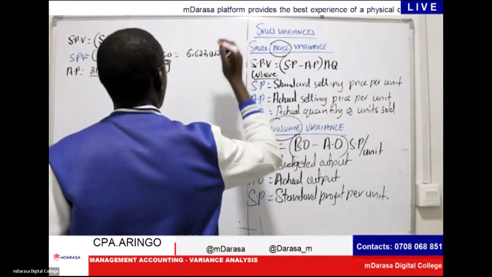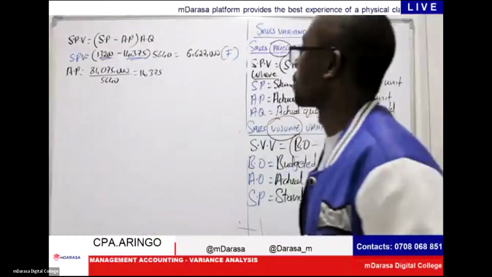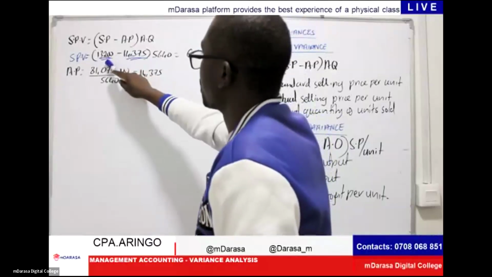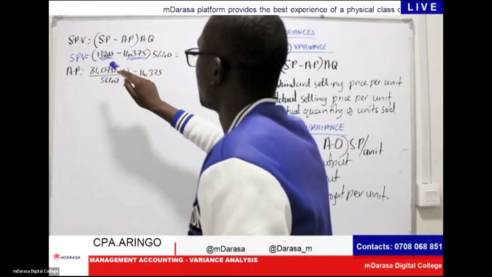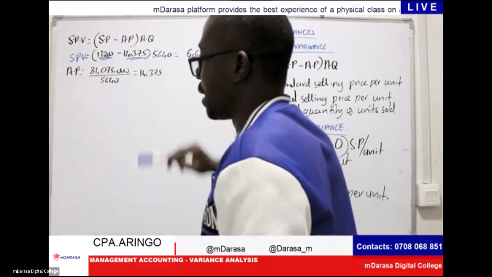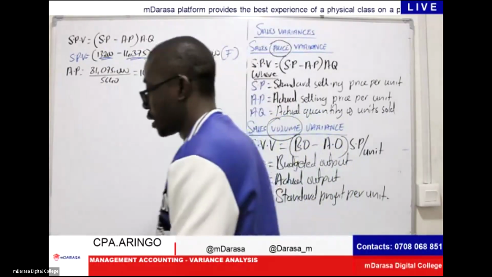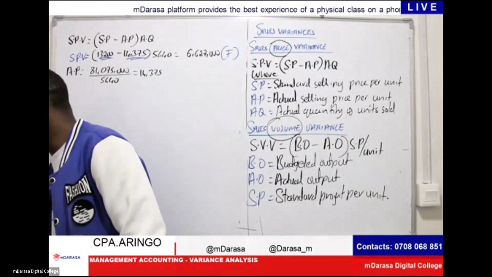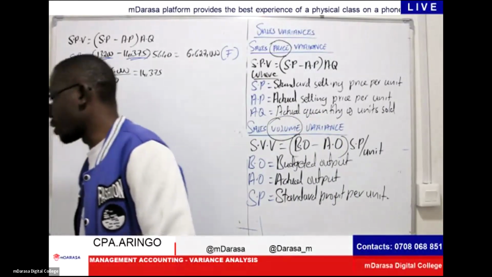Favorable variance. Selling price per unit, budgeted, minus actual selling price per unit, we multiply by our actual units sold, actual quantity. Actual quantity, actual quantity. That is very important for us to know.